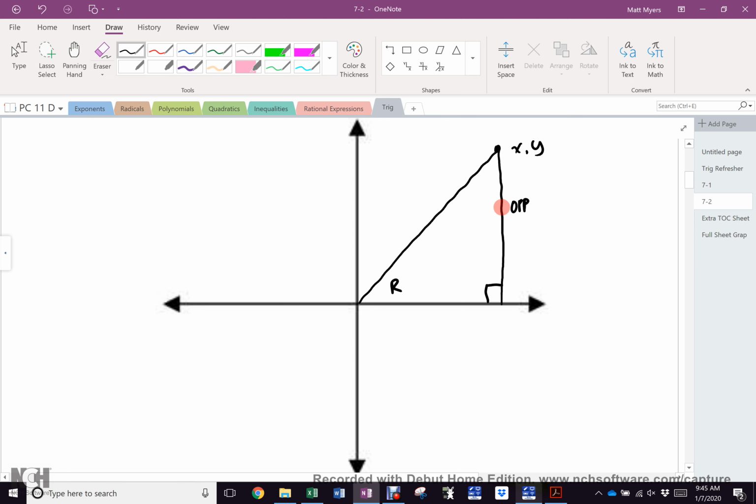How far is this distance? Yeah, you do. It's the y value, isn't it? Because we went up y, yes? So opposite's measurement is y. Everybody understand? Okay. What is the cosine of r?